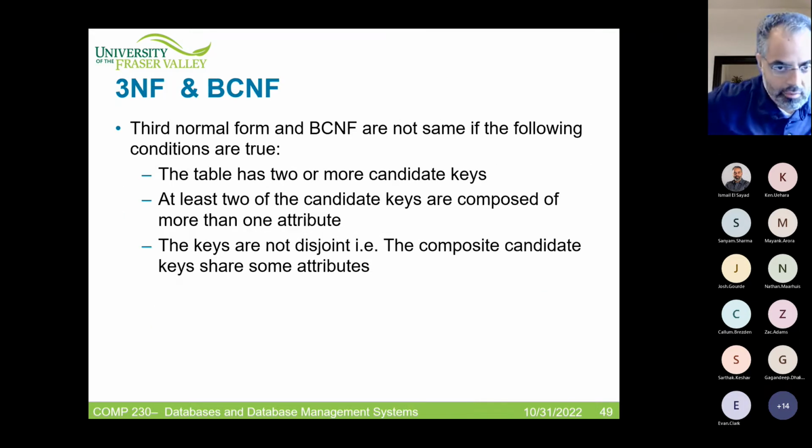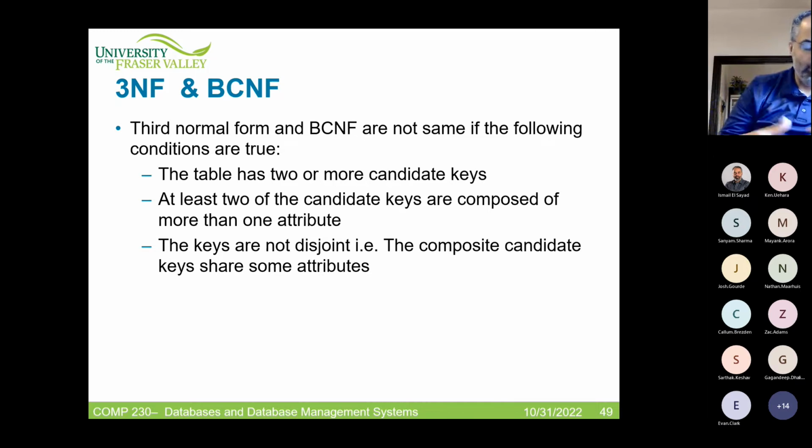So if you compare it, I can say that third normalization and BCNF are not the same, especially in this condition where a table has more than one candidate key. Because if it has only one candidate, then there is no relationship, and there need to be at least two candidates composed of more than one attribute.